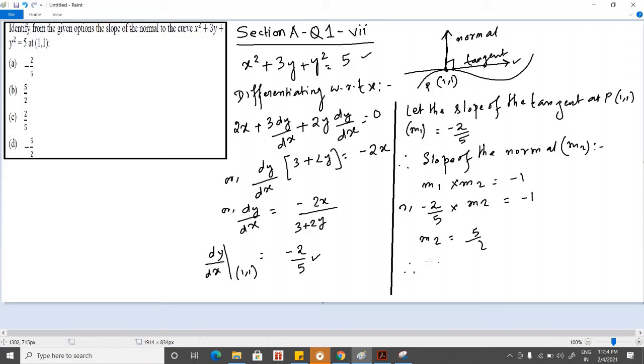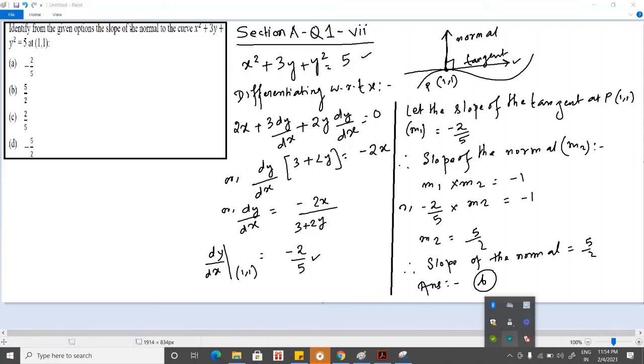Therefore, the slope of the normal is equals to 5 by 2. Hence our answer is option B. Hope this clarifies the question.